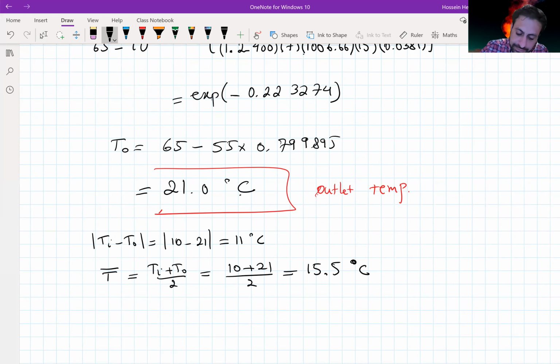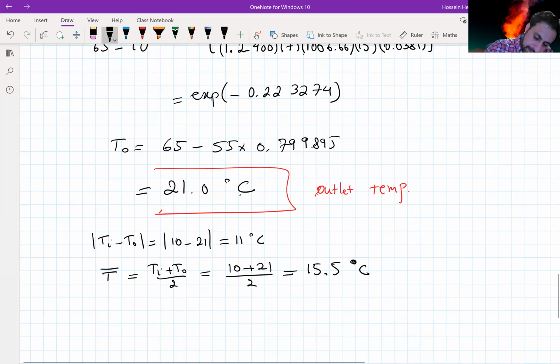However, since 15.5 is close enough to 10, we can say it is appropriate to use the properties at 10 degrees C and continue with the calculations that we have had.